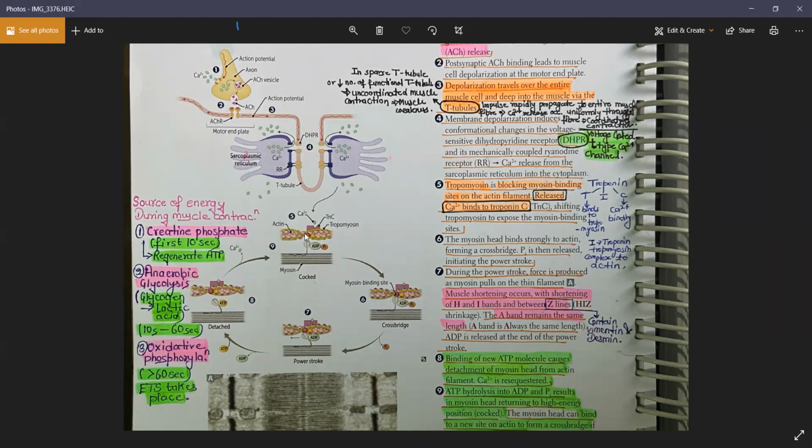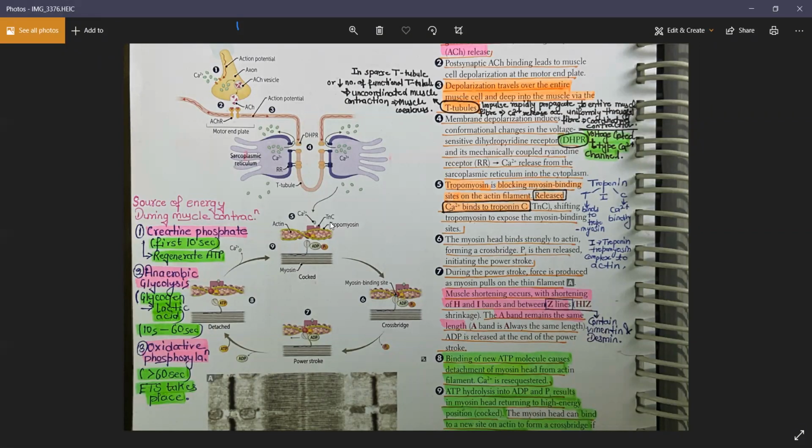Whenever the active sites are exposed, myosin can bind to these sites and cause a contraction. So the function of tropomyosin is to cover these active sites so that the myosin cannot bind to the actin. Apart from the tropomyosin, you have the troponin C also: troponin T, troponin C, and one more troponin, I'm forgetting the name. I.